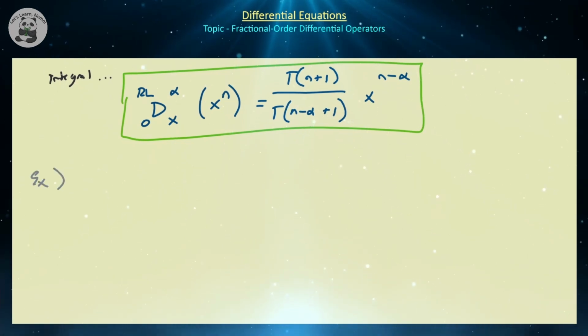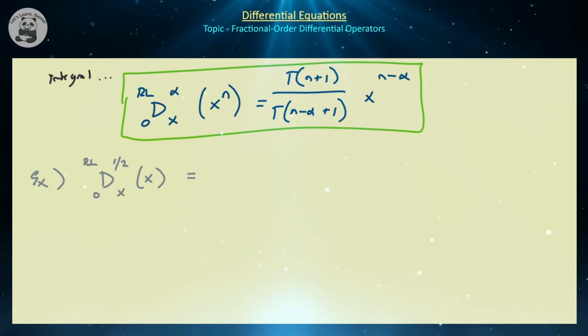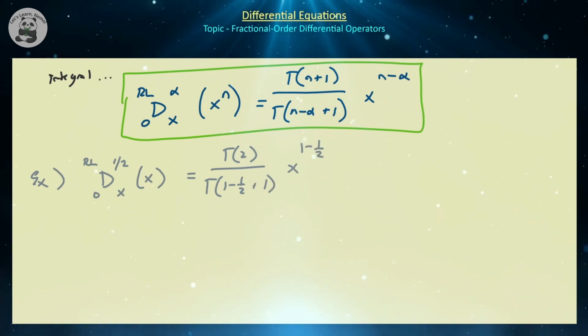So what would be the Riemann-Liouville fractional derivative of order 1/2 with base point 0 of the function x? So by definition, that's going to be equal to gamma of 2 again, all over gamma of 1 minus 1/2 plus 1 times x to the 1 minus the order 1/2. So that's just going to be equal to gamma of 2, which we know is 1 factorial, which is 1, all over gamma of 1 plus 1, which is 2, and 2 minus 1/2.